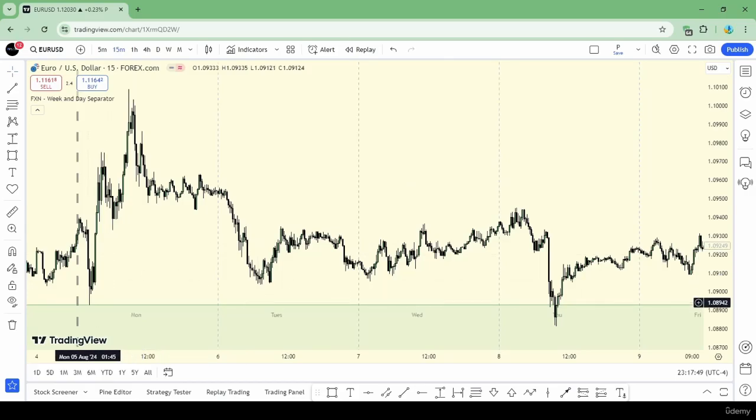As we remember, the market confirmed the daily fair value gap on Monday, and then we did not get a draw on Tuesday. Until the market hits this low, we are still interested in the daily fair value gap as our draw.